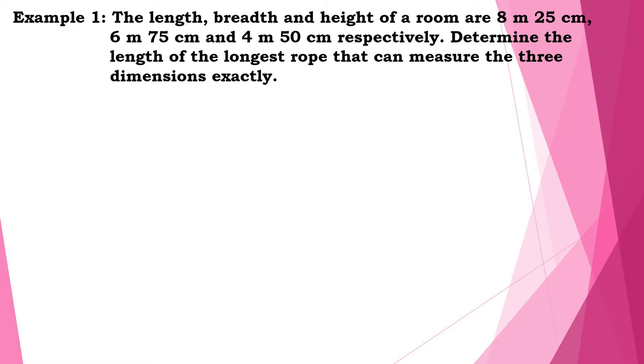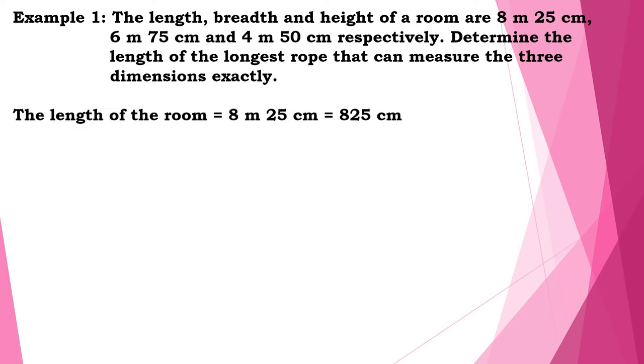Alright, so obviously we know that the length of that rope will be smaller than these three dimensions, right? And also we know that it will measure exactly when it is a factor of the dimensions, right? So we will find the HCF of these dimensions.